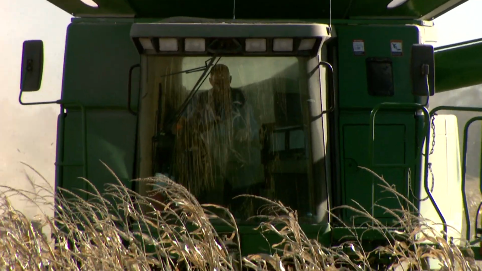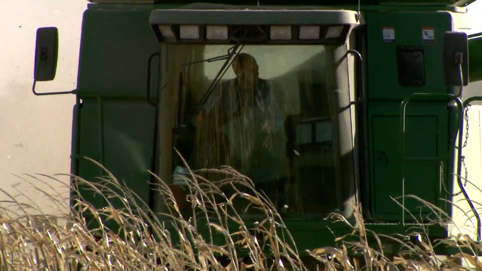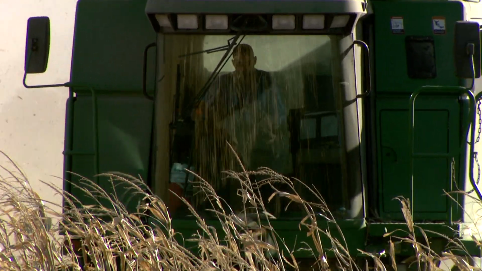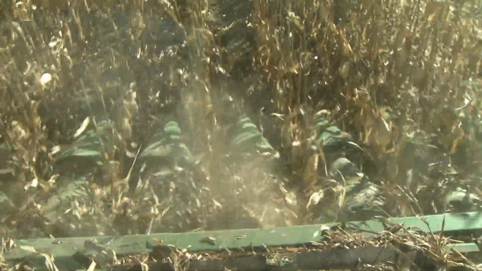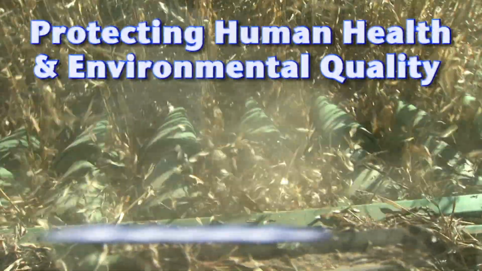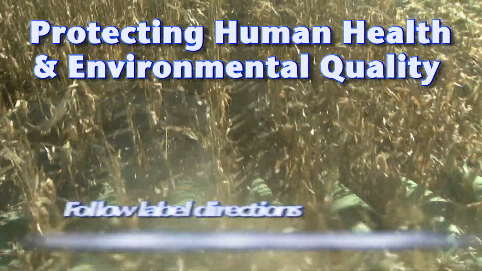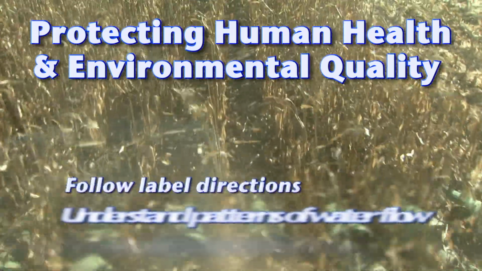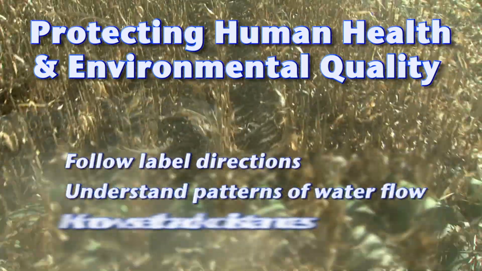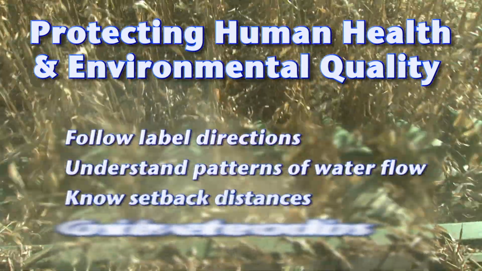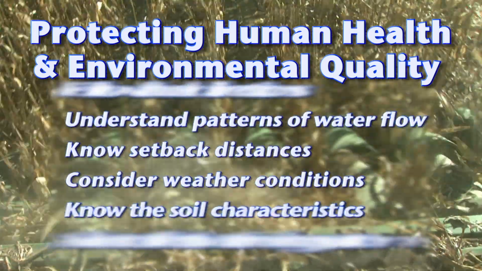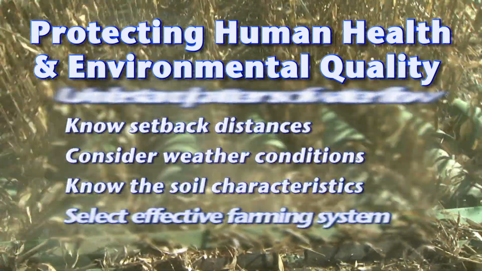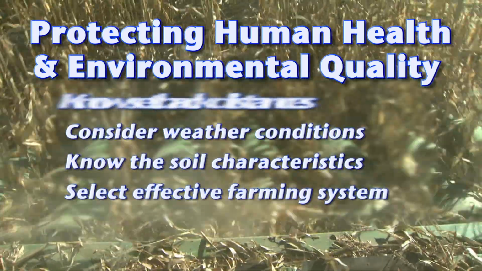Considering their role in land management and food production, farmers may be thought of as our nation's first line of defense in protecting human health and environmental quality. It's extremely important that farmers follow label directions, understand local patterns of water flow, know the setback distances from lakes, streams, and tributaries, consider weather conditions and the potential for change.